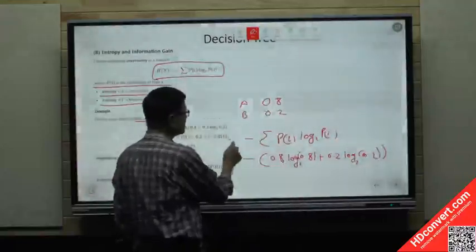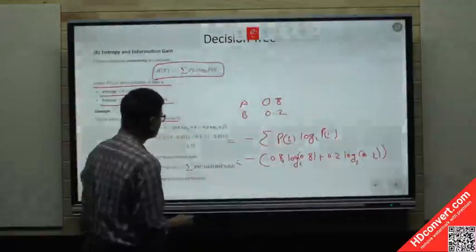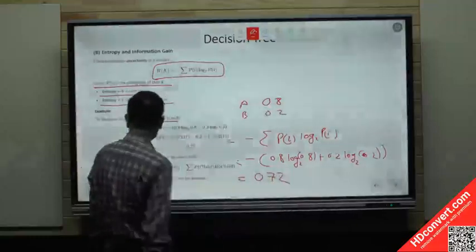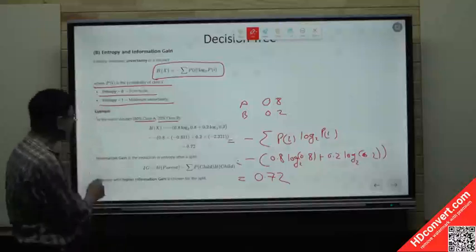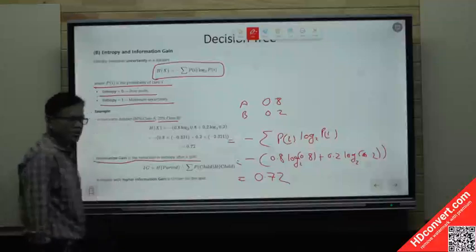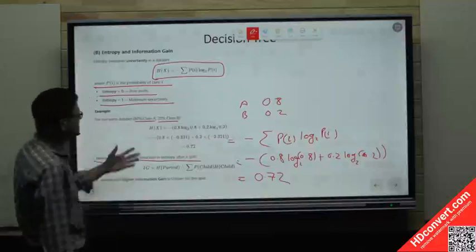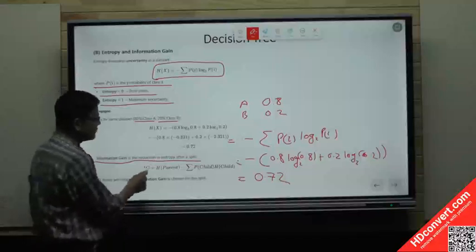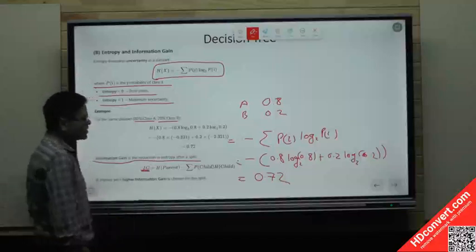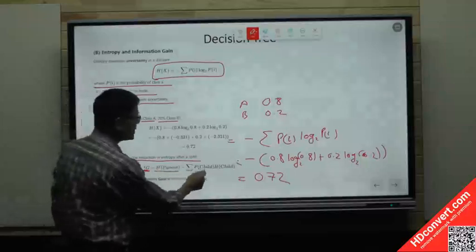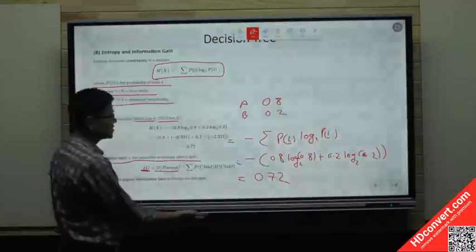Okay, so this evaluates to 0.72. So the information gain is the reduction in entropy after the split. If you want to split, you have to calculate the information gain, which is equal to H parent minus the sum of P child multiplied by H child.